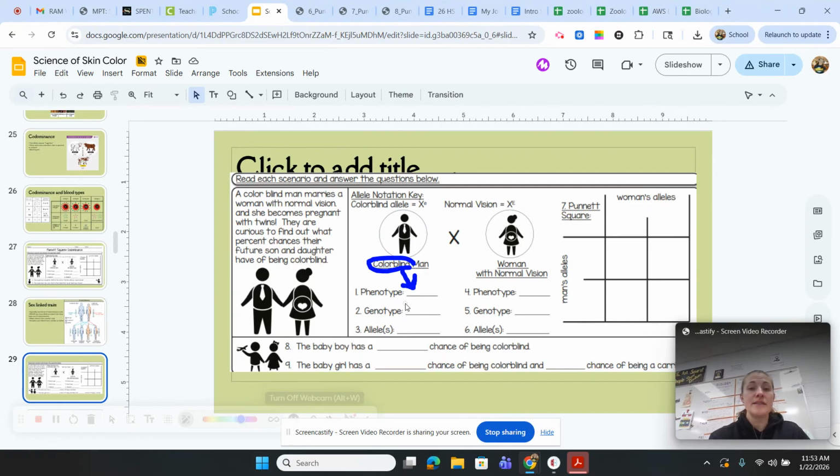His genotype, he would have an X and a Y because he's a male, and his X would have a little e because he is colorblind, and colorblind is this lowercase e. The woman, her phenotype is having normal vision. The genotype, she would have two X's because she is a female, and both of her X's are going to have a capital E.